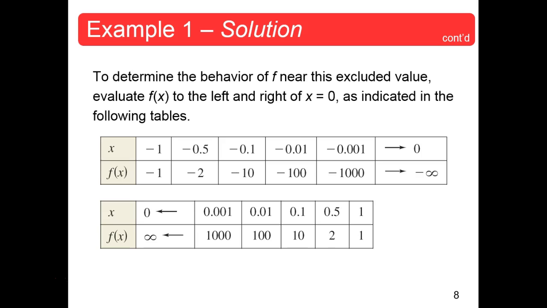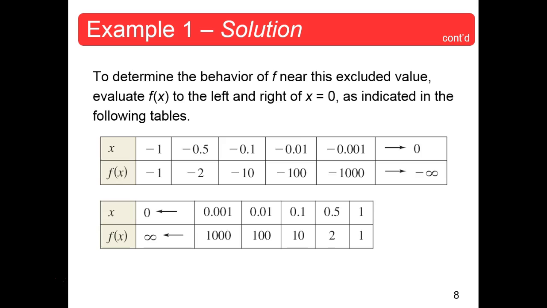So, to determine the behavior of f near that excluded value, evaluate f of x to the left and the right of x equals 0, as indicated here. They started with x equal -1, and they got f equal -1. We got it too. -0.5, that's -1/2, became -2. -0.1, someone was reading the book, weren't they?